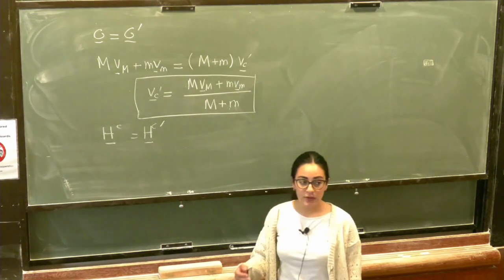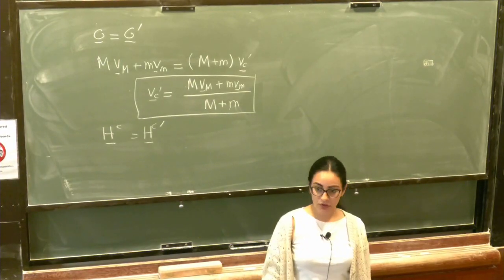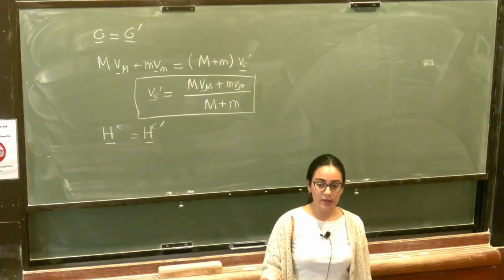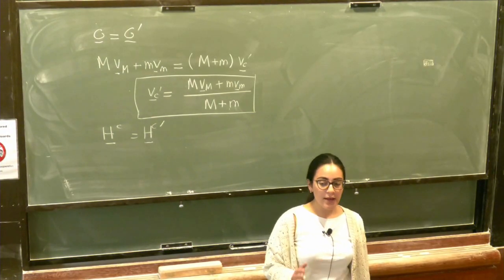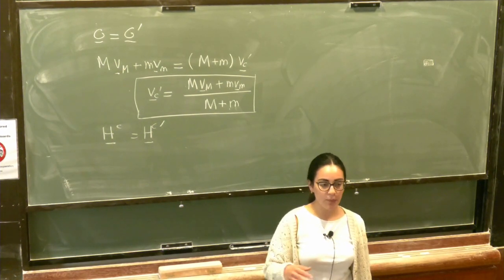So the system is composed of what? A bar, which is a rigid body, and a particle, right? So I want to calculate the angular momentum of the system. That's also going to be the sum of the angular momentum of the constituents. So what's the angular momentum of the bar about C, the center of mass of the combined system?